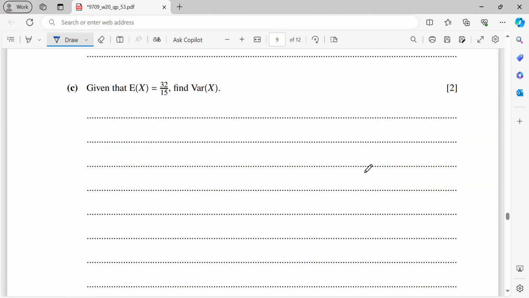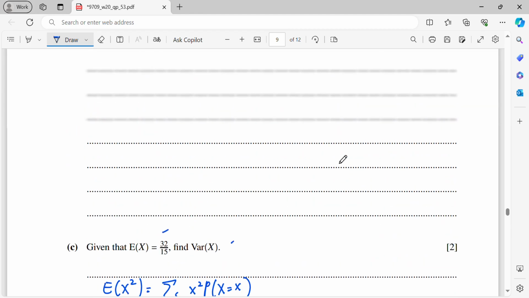Okay, now pass E(X) given as 32 over 15, find the variance of x. So now E(X squared) equals to summation x squared times p. So refer to the table.